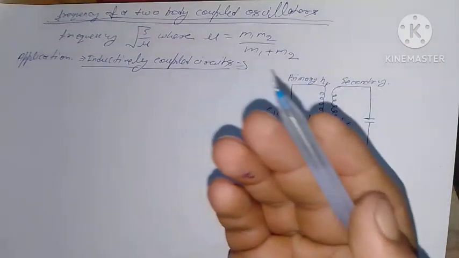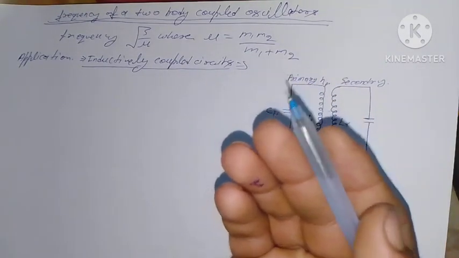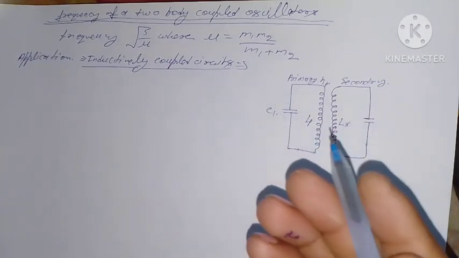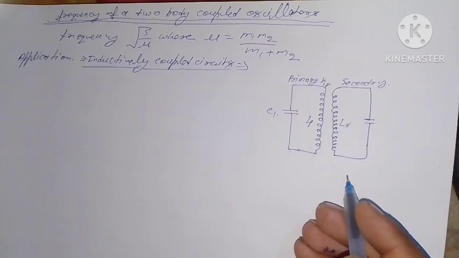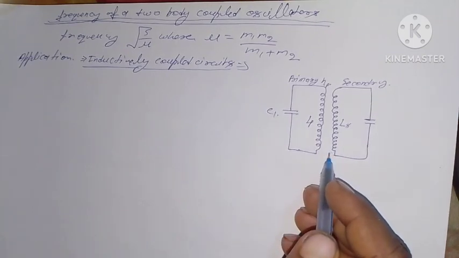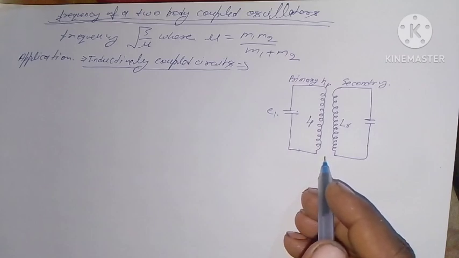Two electrical circuits are said to be inductively coupled when the magnetic flux due to the current flowing in one circuit threads the second circuit. The two circuits are then said to have a mutual inductance.